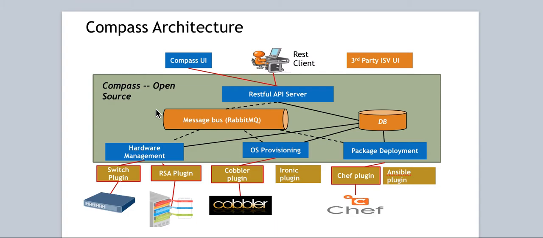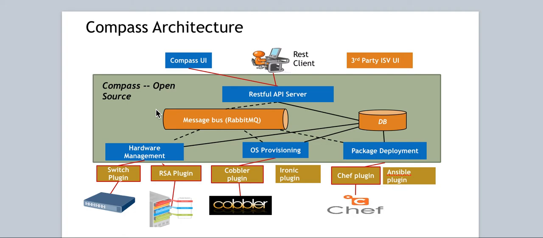Similarly, for OS provisioning, today we support Cobbler, which is a wrapper of PXE, hiding those details. But we're also working on using the OpenStack Ironic project, which is another OS provisioning tool, to do the job. And for package deployment, we have Chef or Ansible plugins.